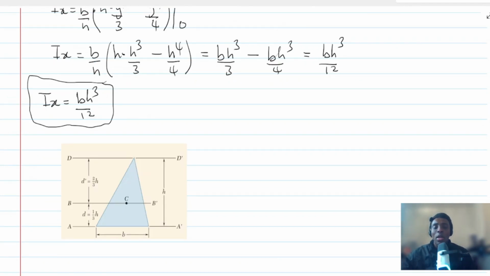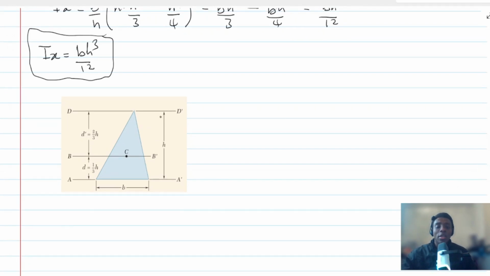Now that we have the moment of area about the x-axis, let's try and find the moment of area about the centroidal axis.